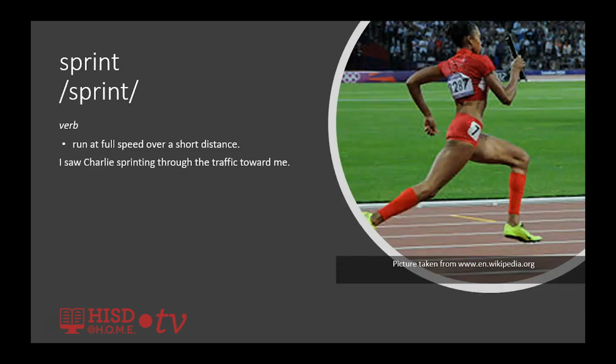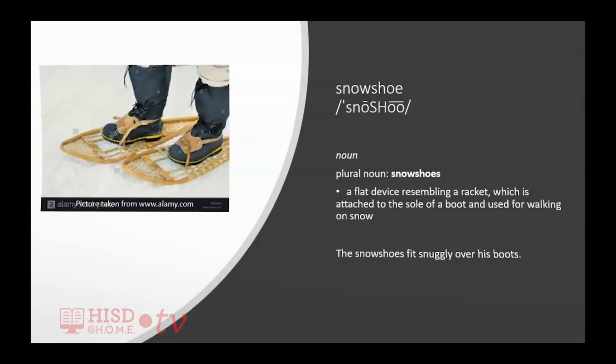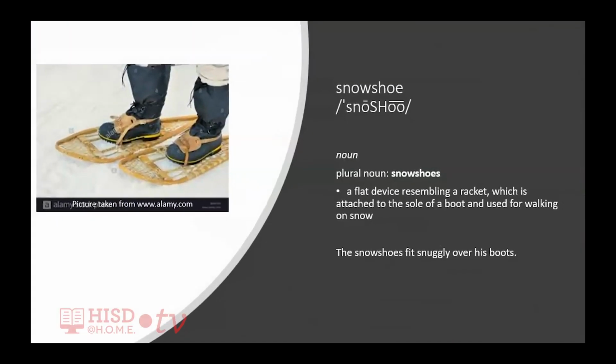The word sprint. Sprint is a verb that means run at full speed over a short distance. I saw Charlie sprinting through the traffic toward me. The word snowshoe. Snowshoe is a noun that means a flat surface resembling a racket, which is attached to the sole of a boot and used for walking on snow.